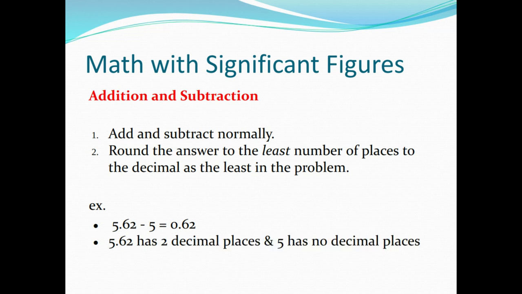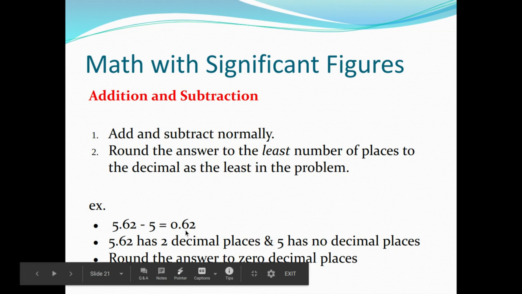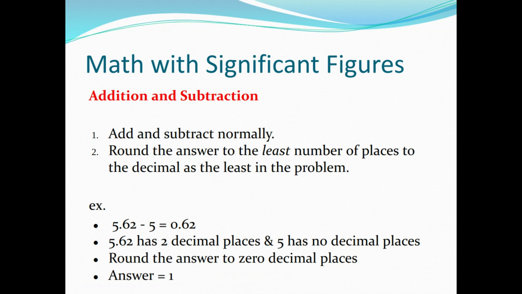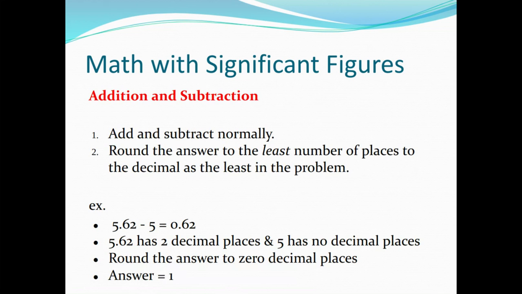Oh no, I have my answer at 0.62. How am I going to do this? I have to round it to 0 decimal places. My answer has to be 1, because the 6 has to round that 0 up to a 1. So 0.62 is closer to 1 if I'm rounding.